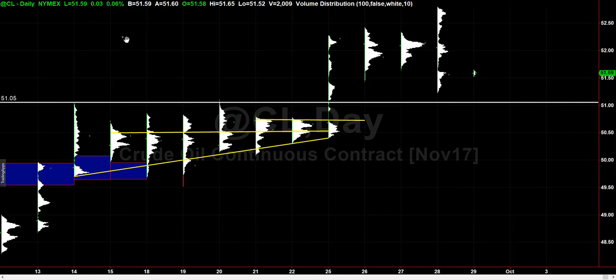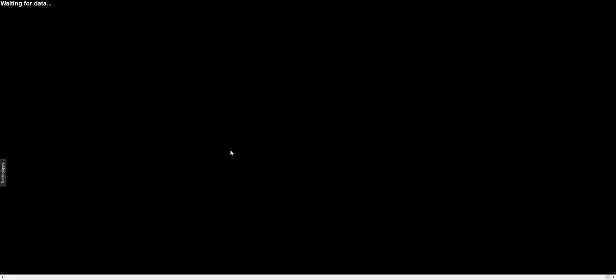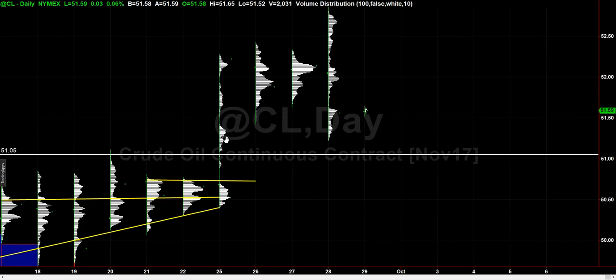Actually, I want to do this. Right click, copy window, paste window. And we'll wait for TradeStation to bring this up. There we go.